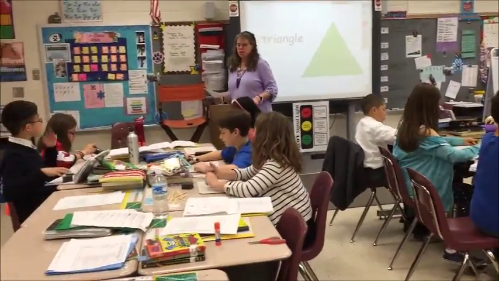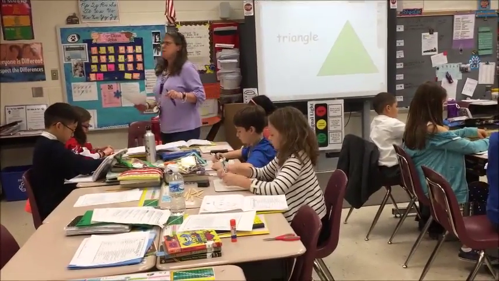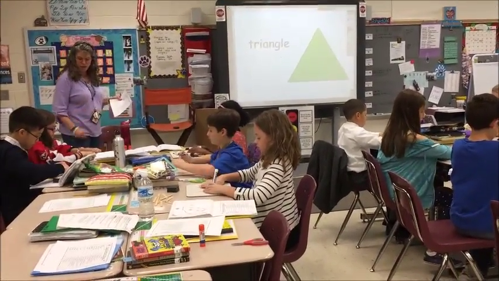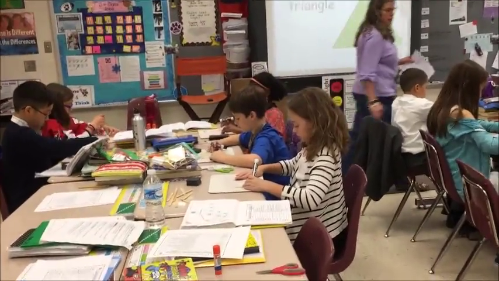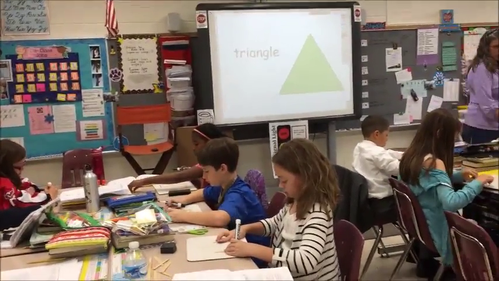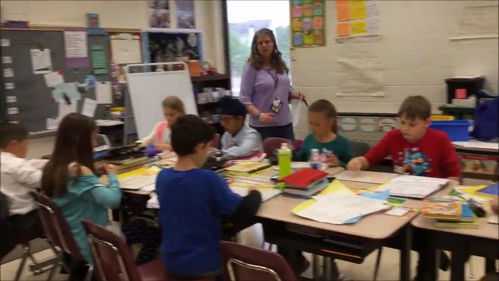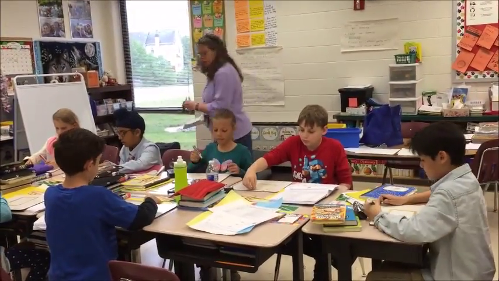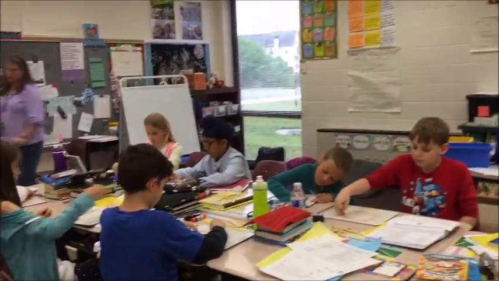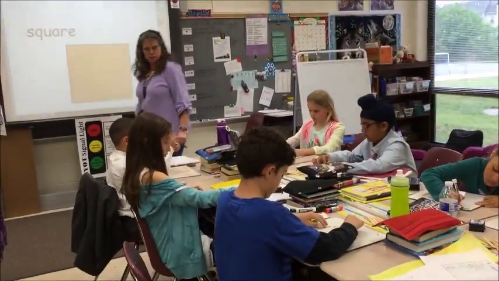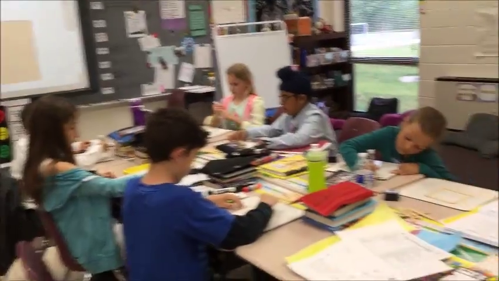Make a square with your popsicle sticks. Stevie, how many popsicle sticks will you need to use for the square? 4 popsicle sticks. And in case you need to know how to spell it, then write it on the board.